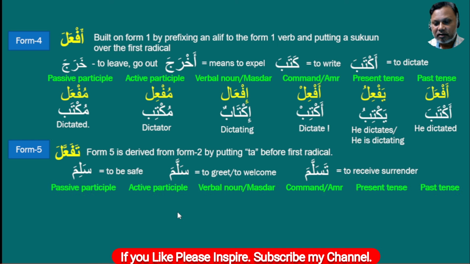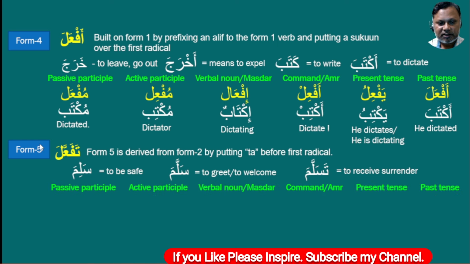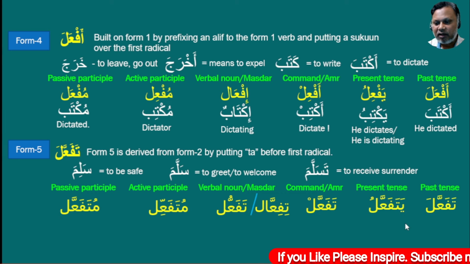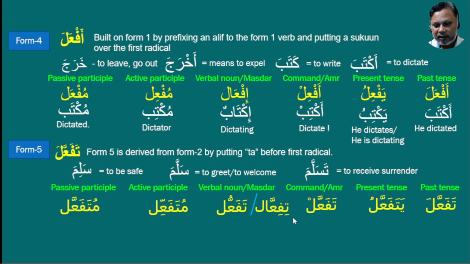Now let's conjugate these 6 things for this type of verb. The formula is tafa'ala, the present tense will be yatafa'alu, and the command will be tafa'al. The verbal noun, or masdar, is tafa'ul. The active participle is mutafa'il, and the passive participle is mutafa'al.